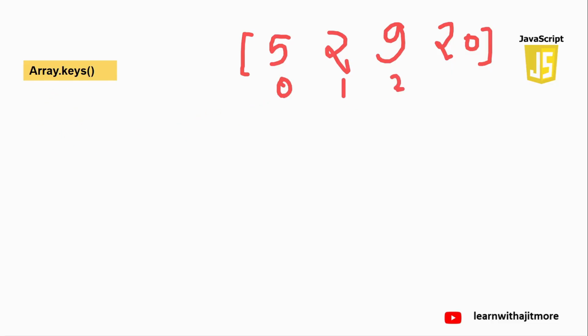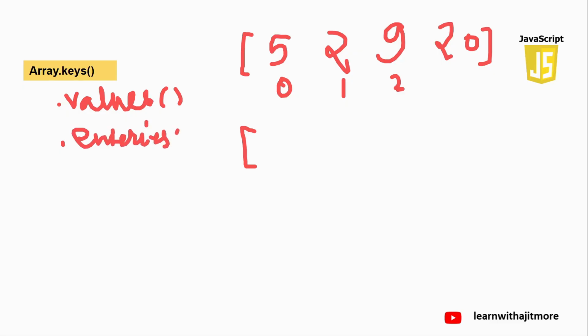So this returns only the index part, but all indexes come in the form of an iterator, and that iterator you have to use in a for loop to get these values. Okay, so keys will return only the keys part. Then we have dot values also, which I have not shown on the slide, but remember, there is one method called dot values. It will return only the values in your array, 5, 2, 9, 20. And there is one more called entries.